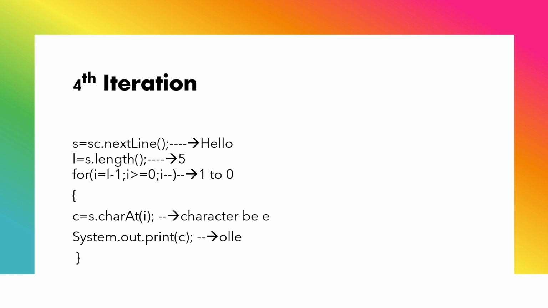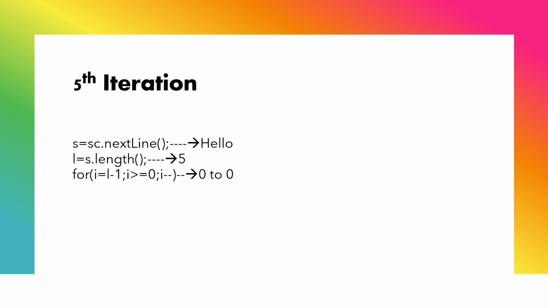So what is left? H is left in our fifth iteration. We have the same code, and we will be doing as usual, that is from 0 to 0, the condition gets true, yes, and once the condition is satisfied, it is going to enter inside the for loop.